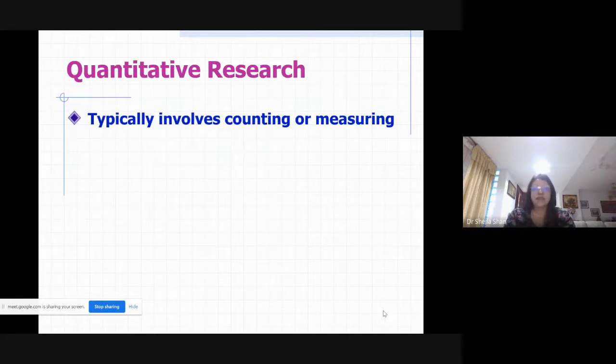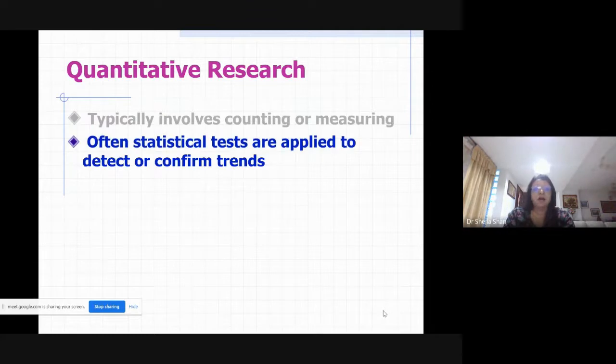What is quantitative? Quantity. The word itself tells you quantity. It involves counting and measuring. We always do statistical tests to detect or confirm the trend. We are finding a trend here. Maybe you are finding a relationship between 2 variables.